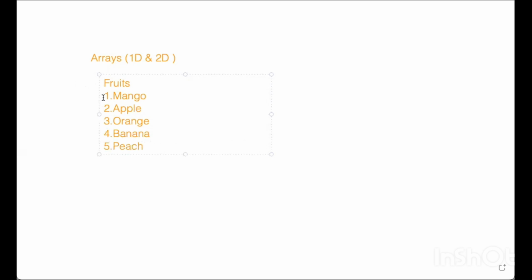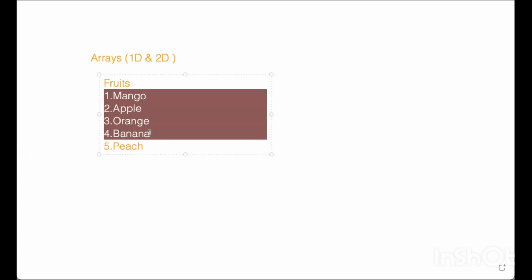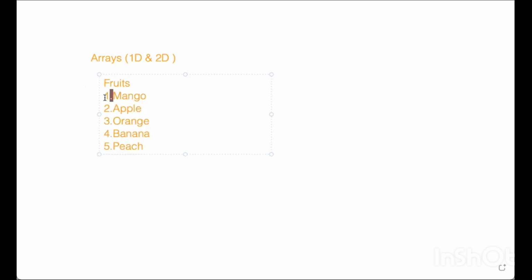So we create a list of these 5 items. The name of the list is fruits. It has 5 elements. Each element has an associated index with it, or typically you call it a serial number, maybe.